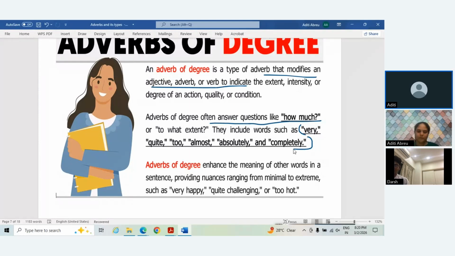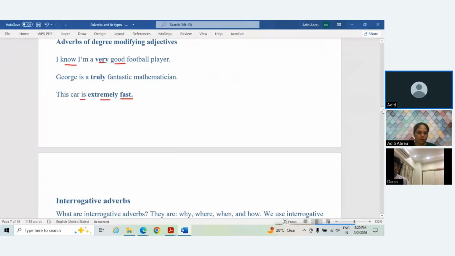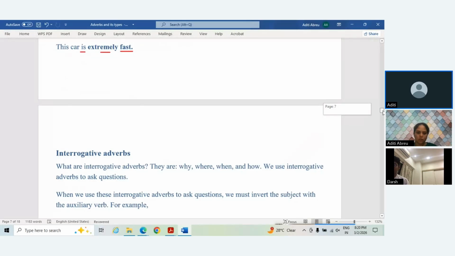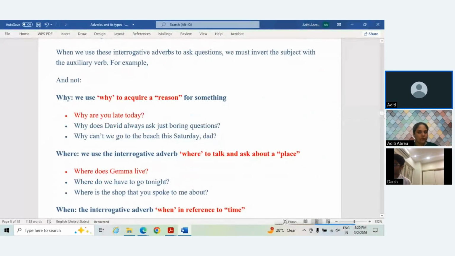Done? Okay. Now don't forget you have to complete the figures of speech. Sorry, one more type. We also have interrogative adverbs. Interrogative adverbs are the ones which are there in questions.